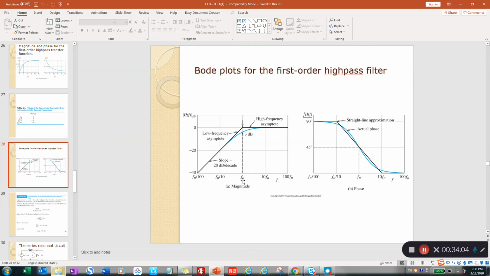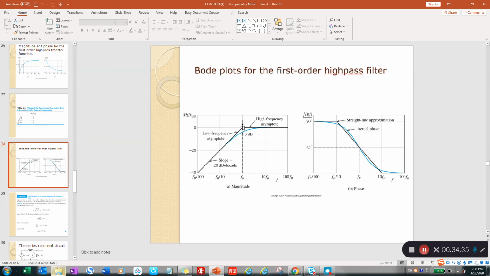So this is our break frequency. And we know that for the break frequency, the magnitude in dB is -3, but we can use 0 to represent that. So here the blue curve represents the real Bode plot, and the straight line is the approximation of this blue curve.